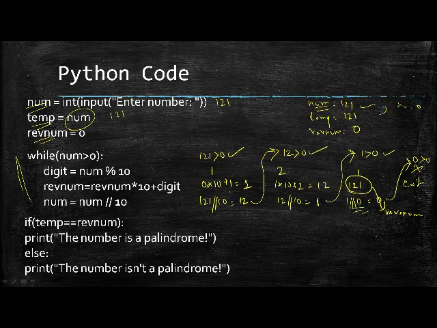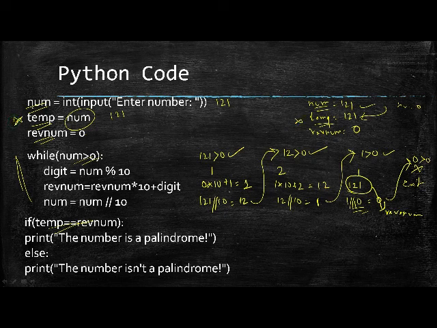That is the reason why we introduced this temp variable, because we are manipulating num to iterate over all the digits. To have the input number available later, to check whether the input number is equal to the reverse number which we have obtained, we have used this temp variable.